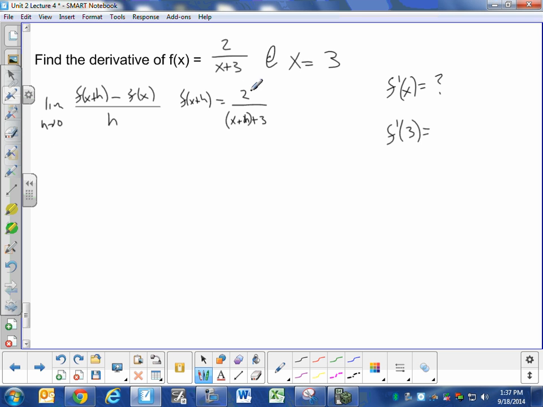All right, let's plug in our function and this guy into our limit definition. We got the limit as h approaches 0 of 2 over x plus h plus 3 minus 2 over x plus 3.